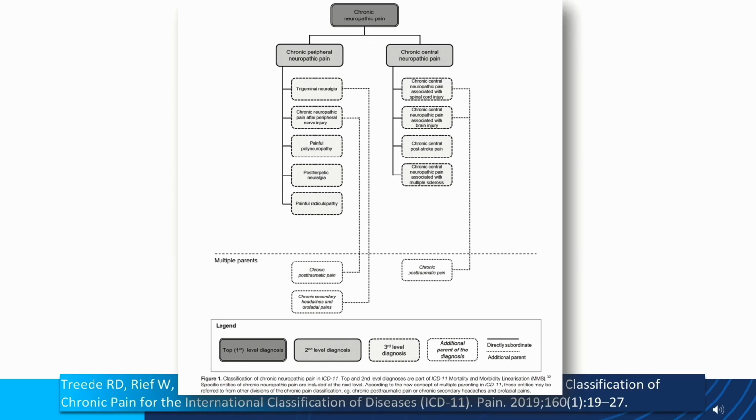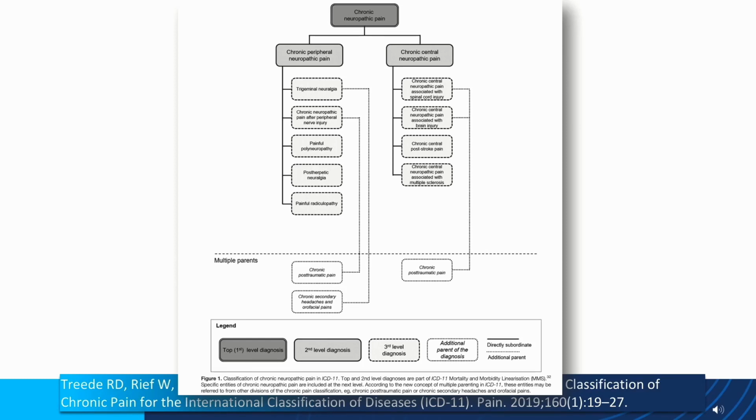Briefly touching on neuropathic pain, I'm going to spend 2 minutes on this slide. You've got peripheral neuropathic pain, you've got central neuropathic pain. These are secondary causes. So the trigeminal neuralgias, the vascular malformations triggering trigeminal neuralgia is a secondary cause of chronic neuropathic pain.